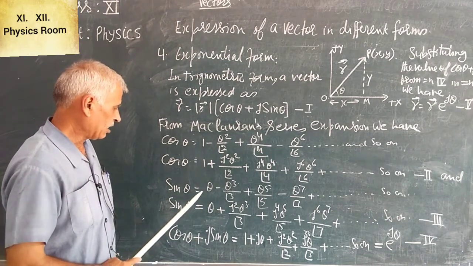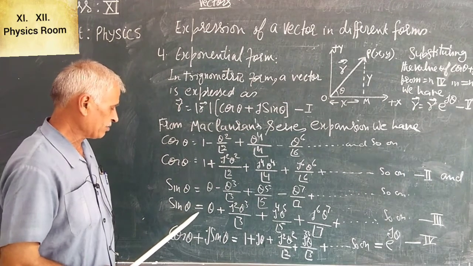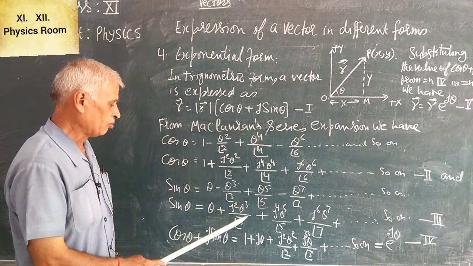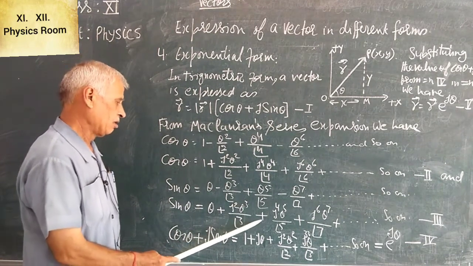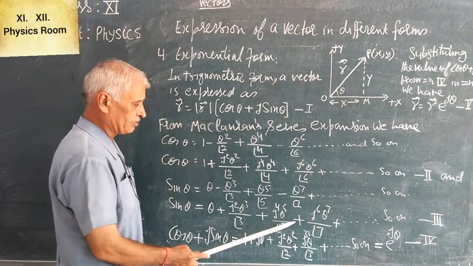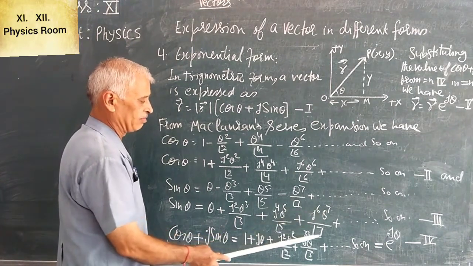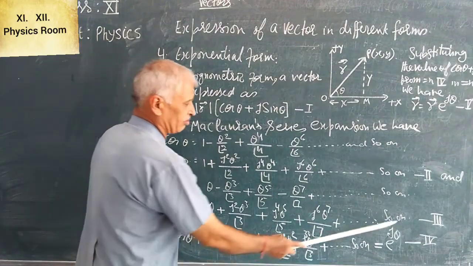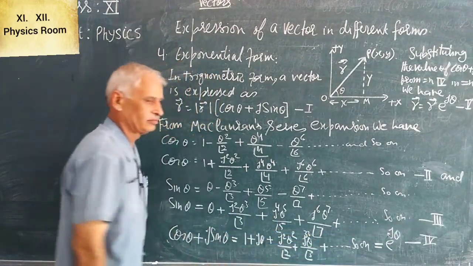Now sin theta can be expressed as theta plus j square theta cube by 3 factorial plus j4 theta 5 by 5 factorial plus j6 theta 7 by 7 factorial plus so on. Let us mark it as equation 3.